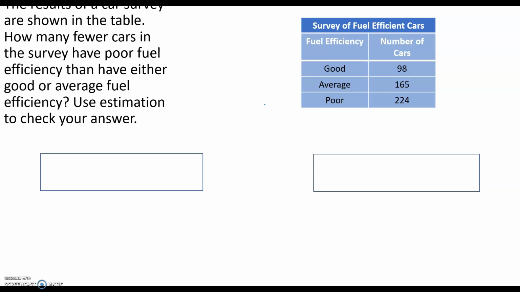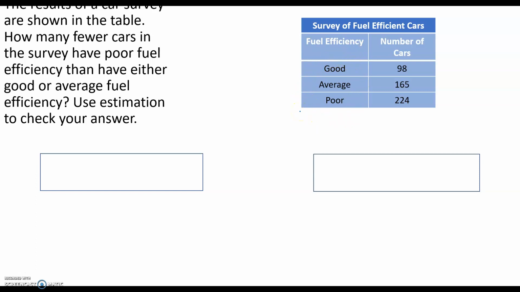The results of a car survey are shown in the table. How many fewer cars in this survey have poor fuel efficiency than have either good or average fuel efficiency? Use estimation to check your answer. So we're talking about fuel efficiency, which is how well a car runs with the gas in it.